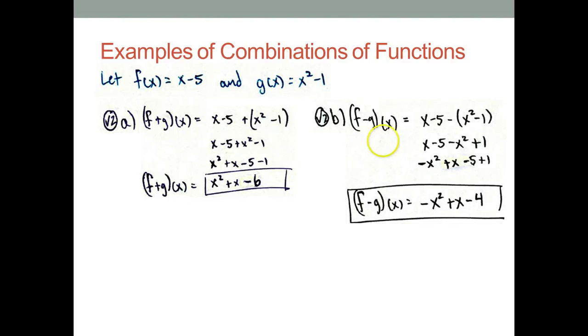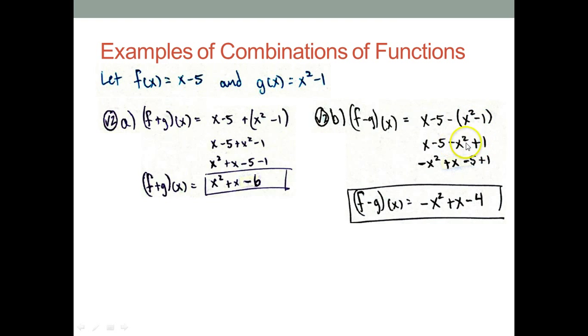So let's look at what a difference would be. Again, the most important part is seeing that I've put the difference, so I'm subtracting the entire function g of x, which is x squared minus 1. This is important. This is where all the mistakes happen when people do this at the beginning. You see that it is x squared minus 1, but this negative sign makes the positive x squared a negative x squared. This subtraction also makes the negative one here, the minus 1 in the quantity, negative times a negative, which makes a positive 1.